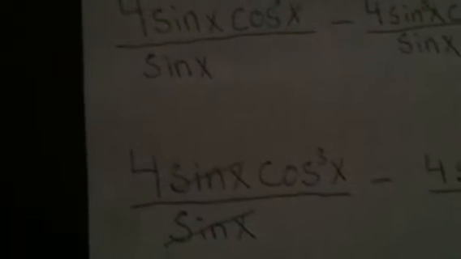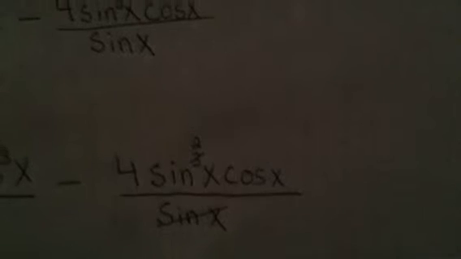You see, this way our sines cancel, leaving us with 4 cosine cubed x minus 4 sine squared x cosine x.